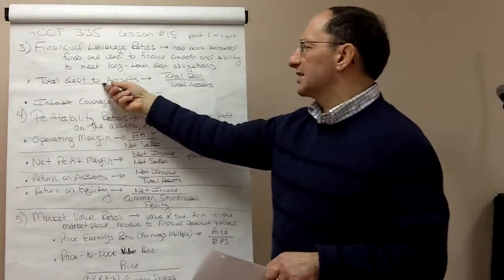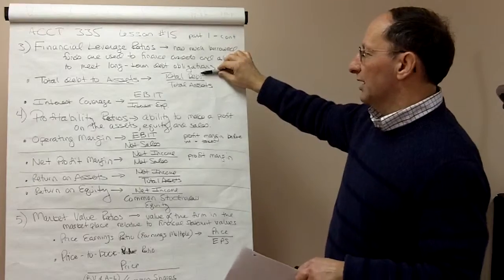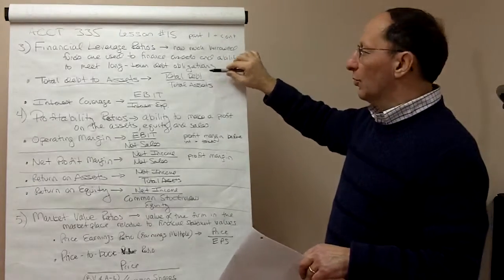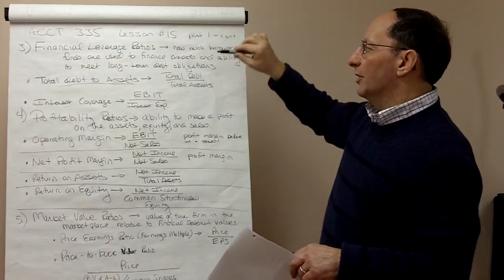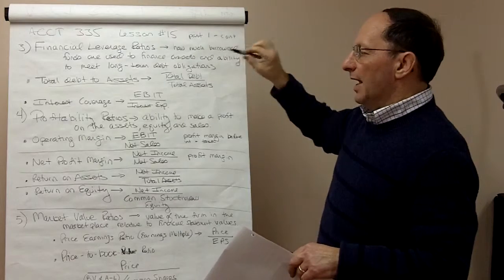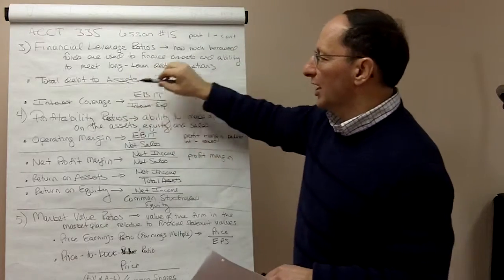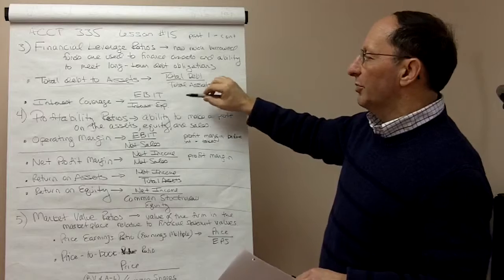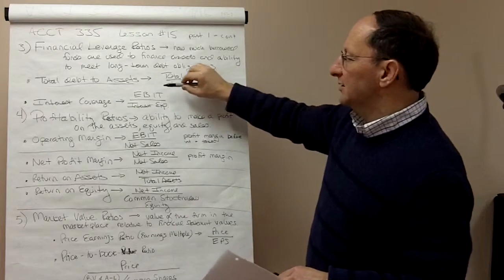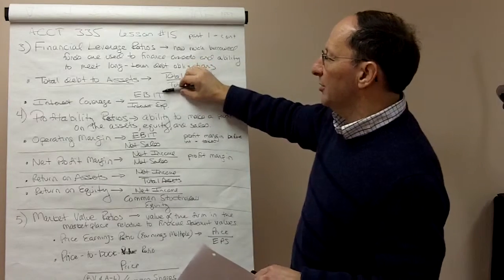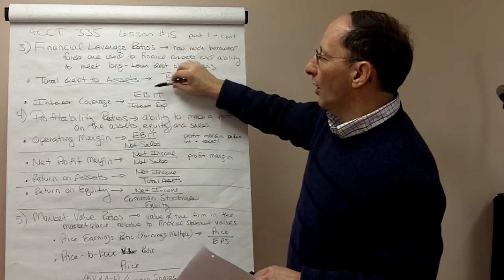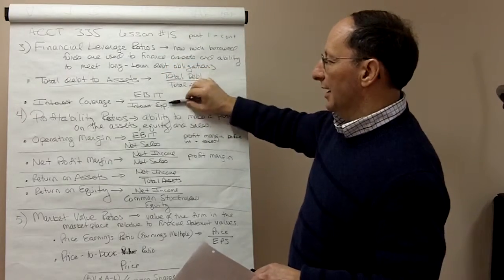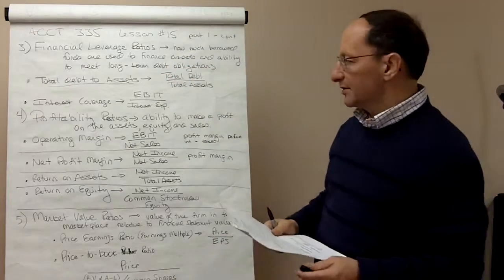Total debt to assets, which is total debt divided by your total assets. What percentage of your assets are being financed by debt? And the other one is your interest coverage, how many times you can pay your interest. That's calculated by taking your EBIT, earnings before interest and taxes, and dividing by your interest expense.